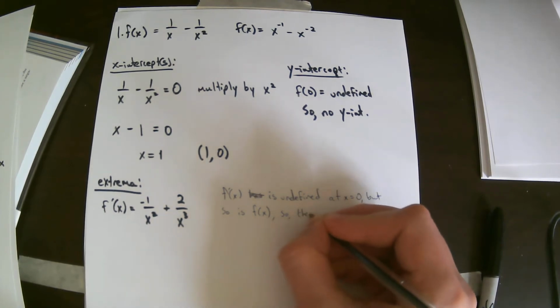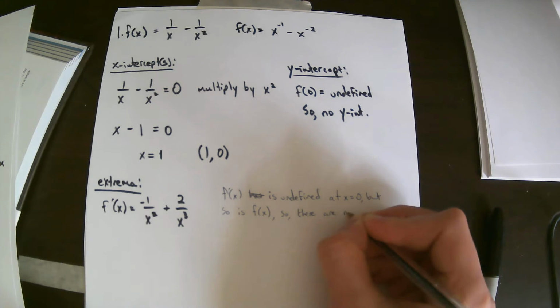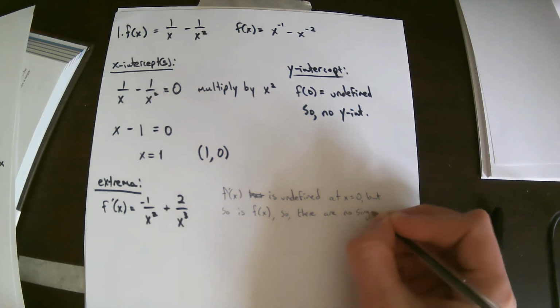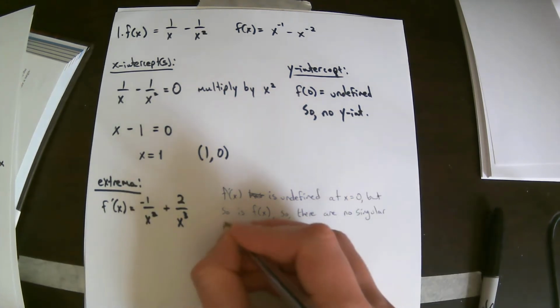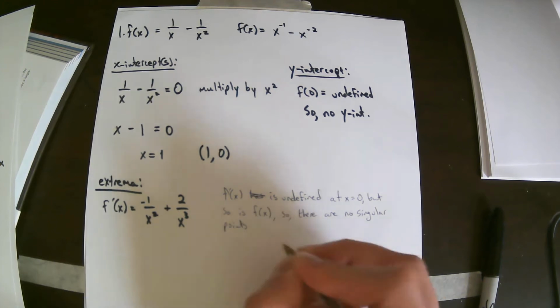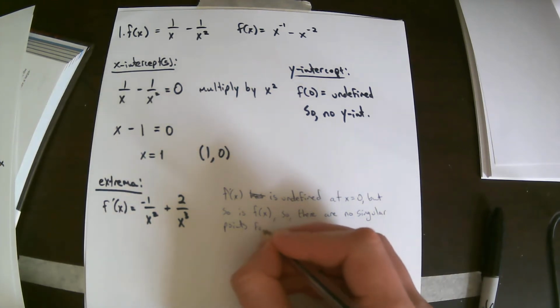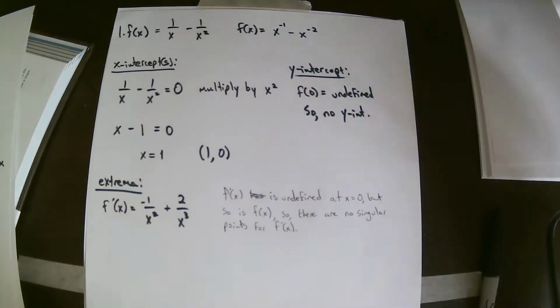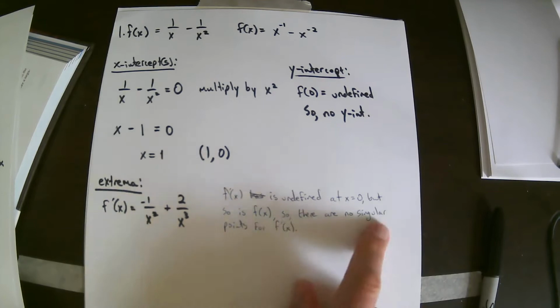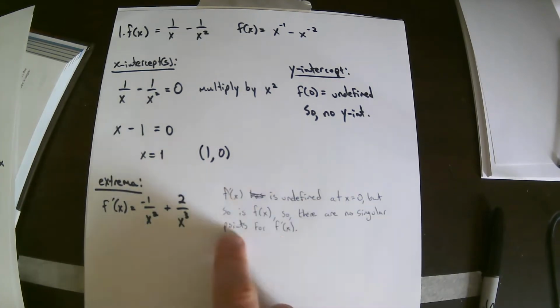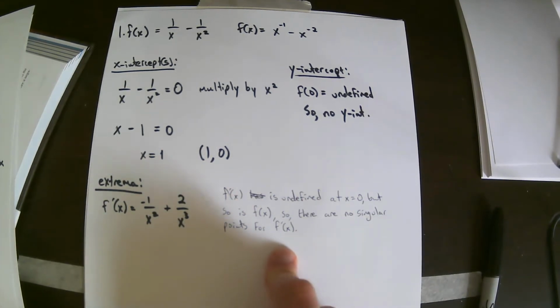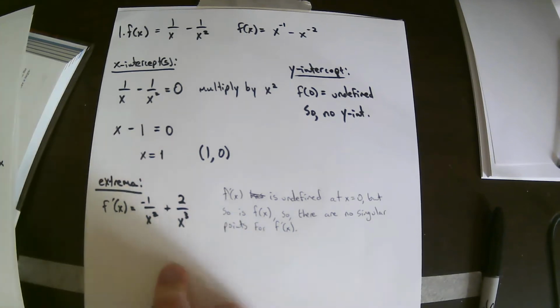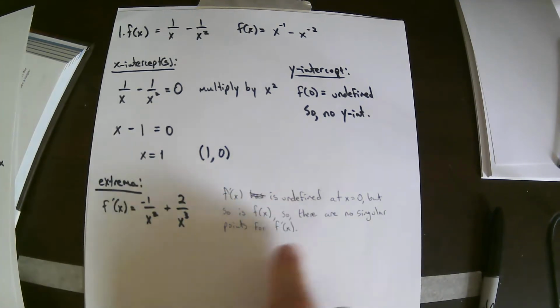So, there are no singular points. I need to specify singular points for which thing. There are no singular points for f prime of x. Okay. I'm specifying no singular points for the derivative, because later we're going to look at singular points for the original function. That's why I'm being sure to specify which function I'm talking about, the original or its derivative.